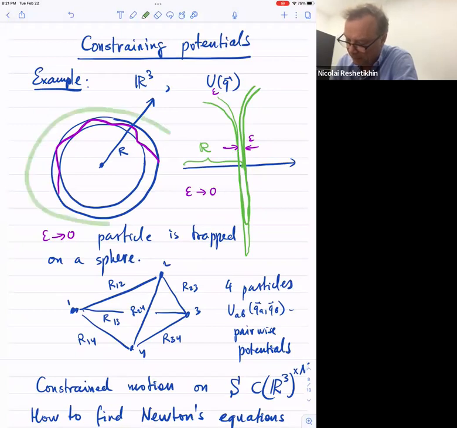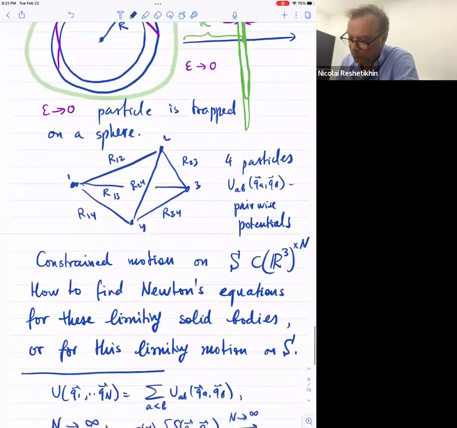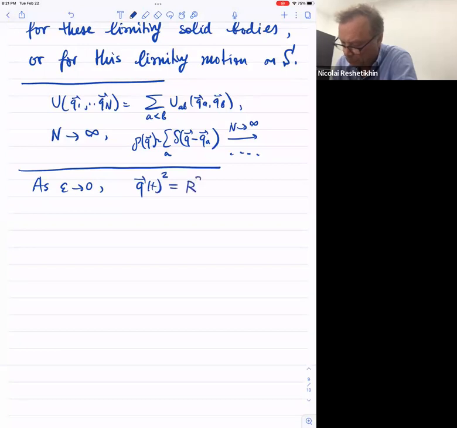So we have the potential that's constraining our particle in R3 to a particle moving on a sphere. So now as epsilon goes to 0, the particle moves on a sphere.